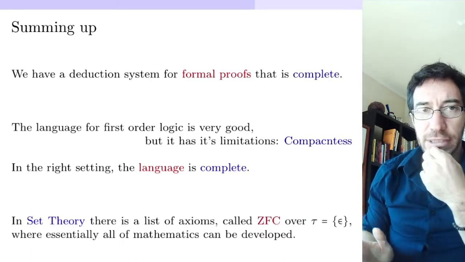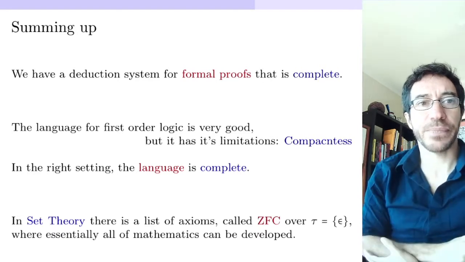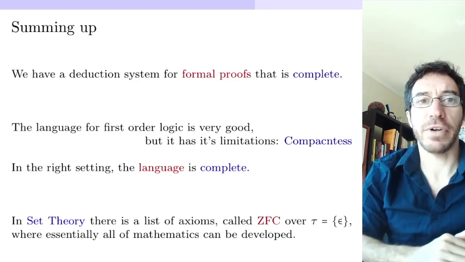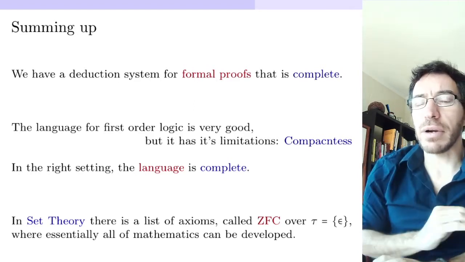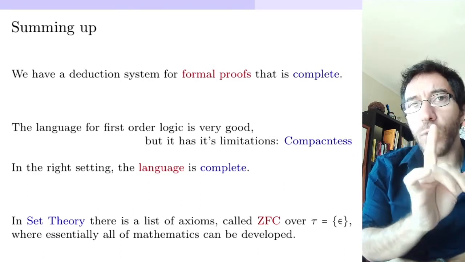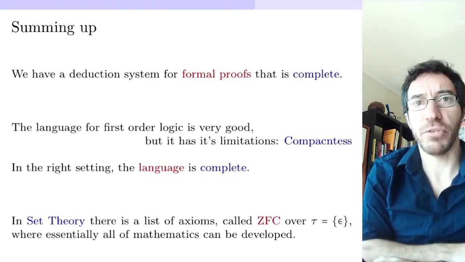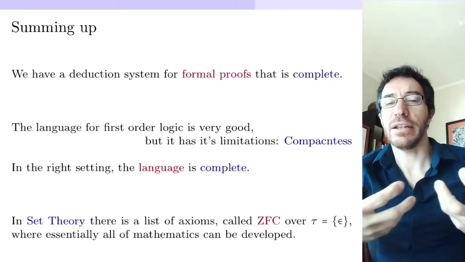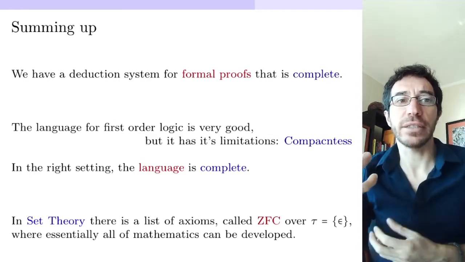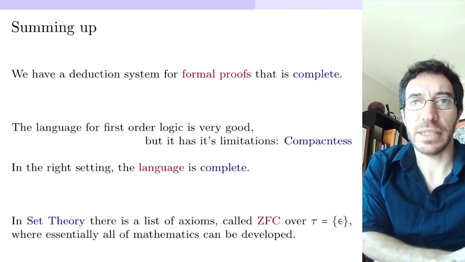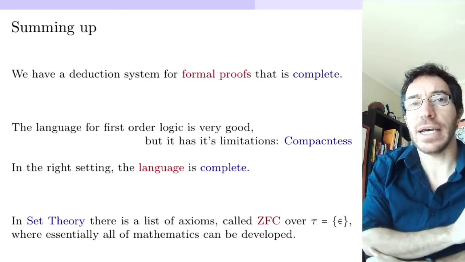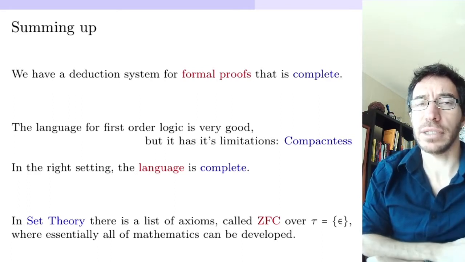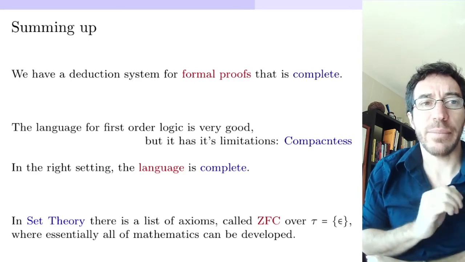You can find the right settings, for instance set theory, in which there's a list of axioms called ZFC, Zermelo-Fraenkel with choice, over a vocabulary that only has one binary relation symbol, belongs. That's it. But those axioms define a setting, the universal set, where you can talk about everything in mathematics. Everything that is done in all your undergrad years of mathematics, and possibly all your grad years unless you're doing logic, can be developed there.